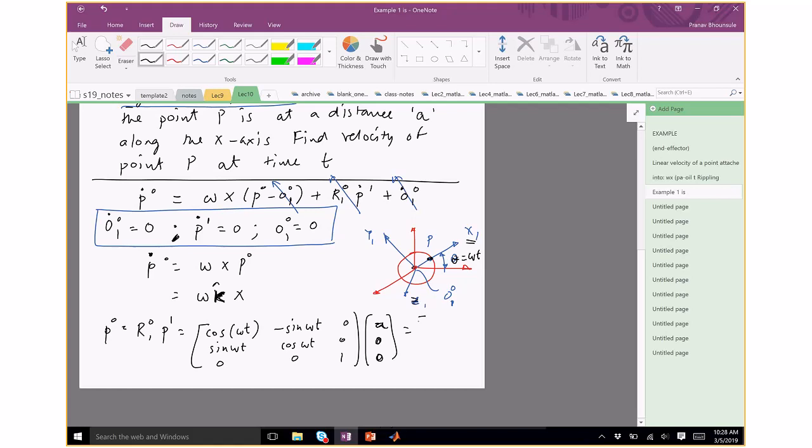So if you do this computation, you should get A cosine omega t, A sine omega t, and 0, which is what we expect. A cosine, A sine, this is just from trig.